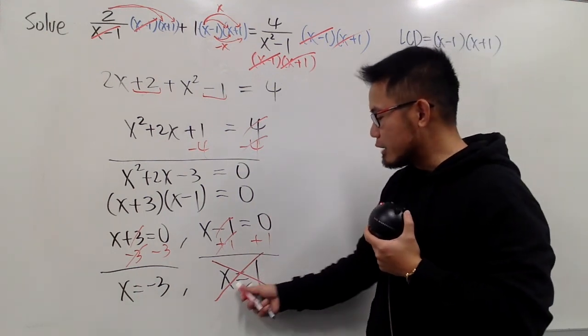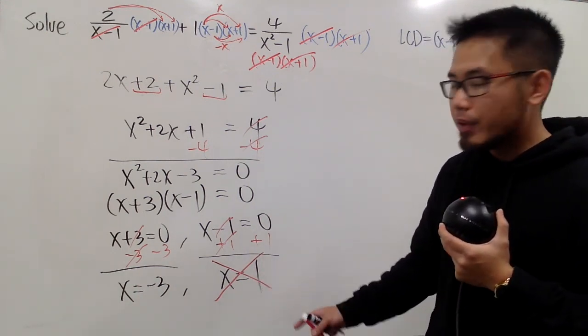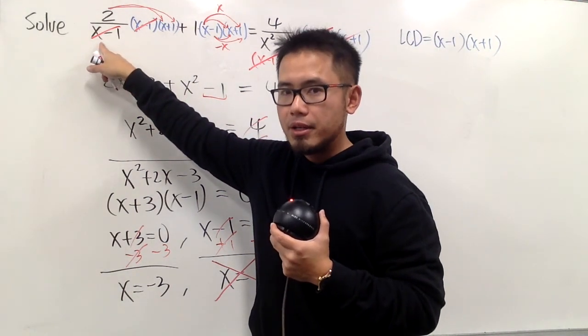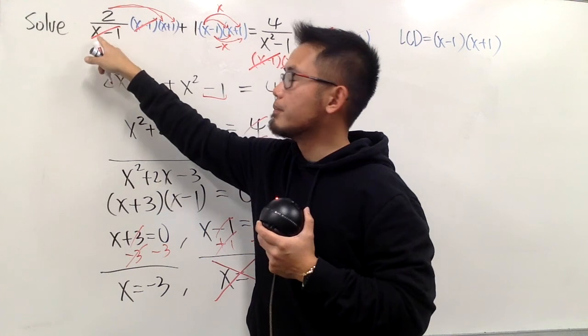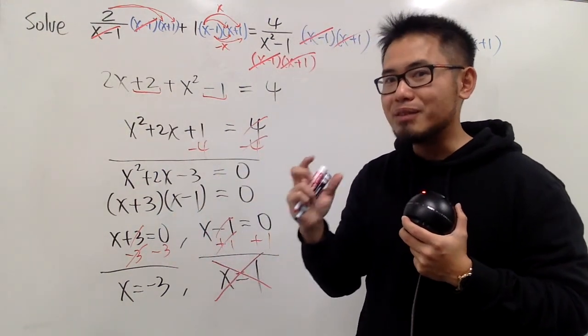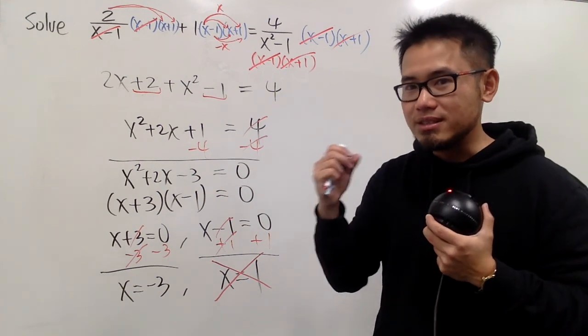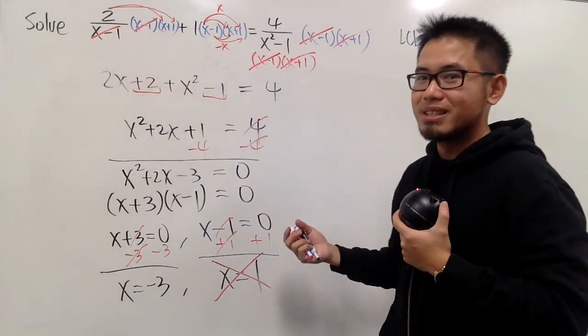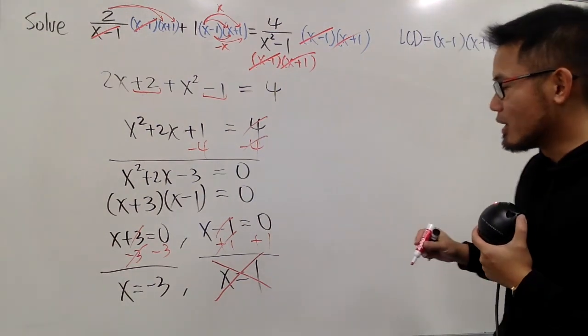And the reason that I'm getting rid of 1 is because if you plug 1 into the original x in the denominator, we get 2 over 1 minus 1. 1 minus 1 is 0, but when you have 0 in the denominator, this fraction is no longer good. It's no longer legitimate because we cannot divide by 0, right?